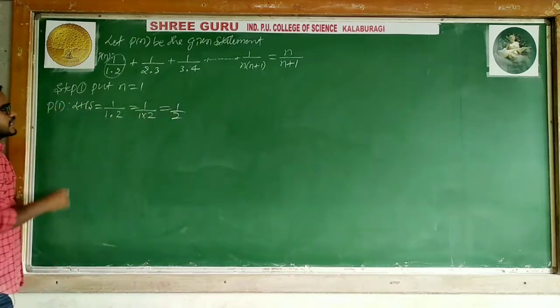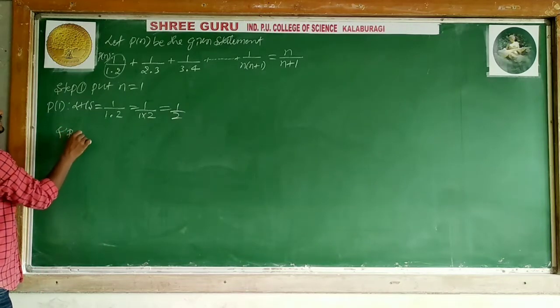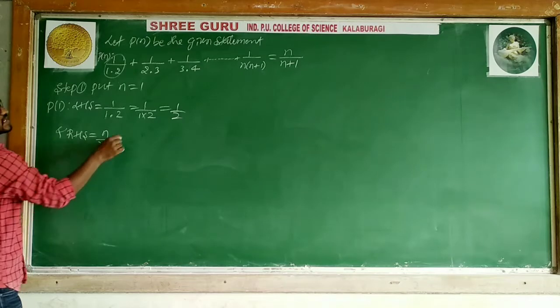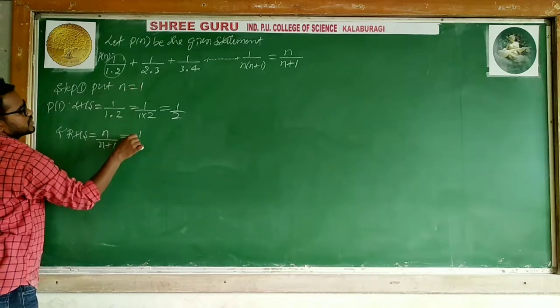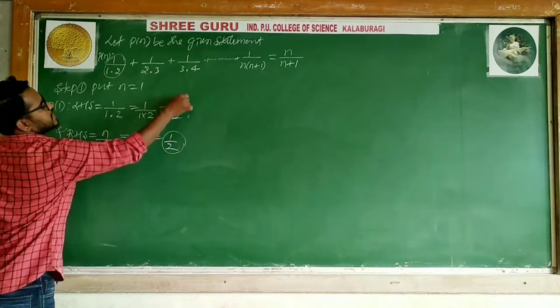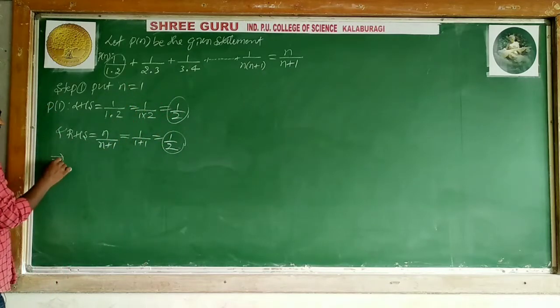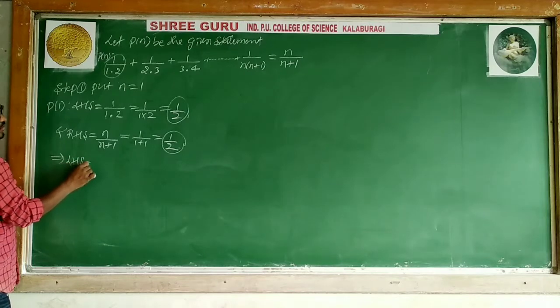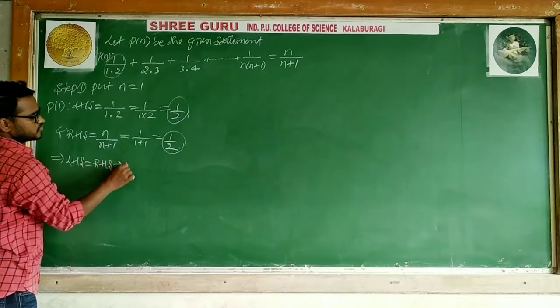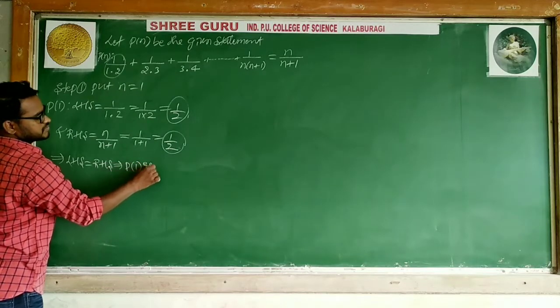Now the RHS is n divided by n plus 1, with n equal to 1: 1 divided by 1 plus 1, which is 1 by 2. Are LHS and RHS equal? It implies that LHS is equal to RHS, which means that P of 1 is true.